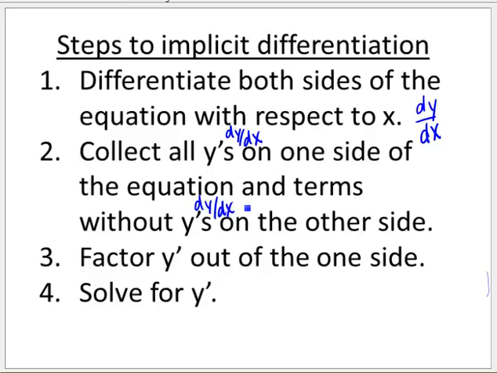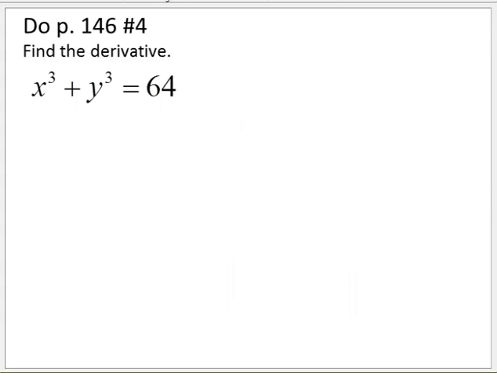We're then going to factor the y prime out on the one side. Remember, that's the same thing as saying we're going to factor out the dy over dx on one side. And then we're going to solve for that y prime. So our answer could read y prime or it could read dy over dx. These two things are exactly the same. I'm going to show you that in the first problem. It's your choice whether you use a y prime or dy over dx.